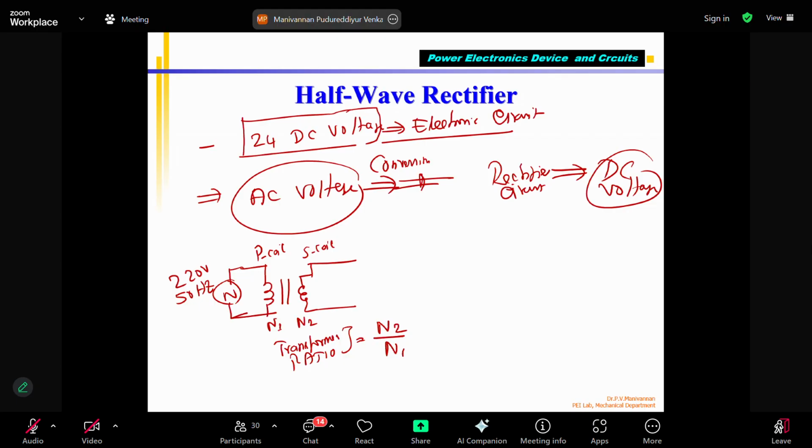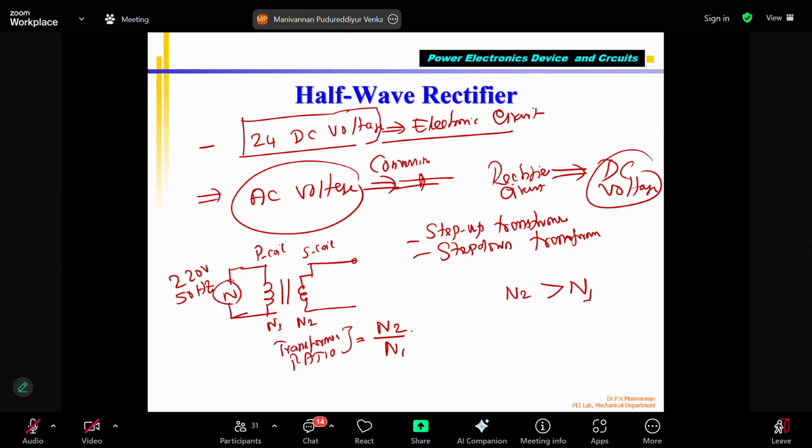Previously, in mechatronics, I already told you there are two types of transformer. One is called the step-up transformer. The other one is called the step-down transformer. If this is a step-up transformer, what will it be? N2 will be greater than N1.